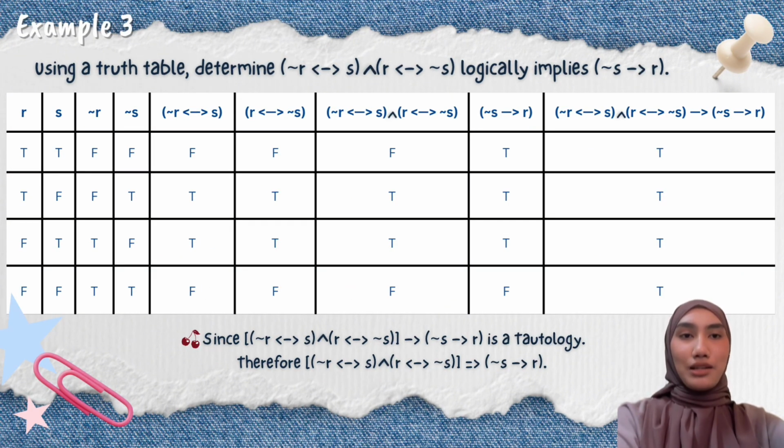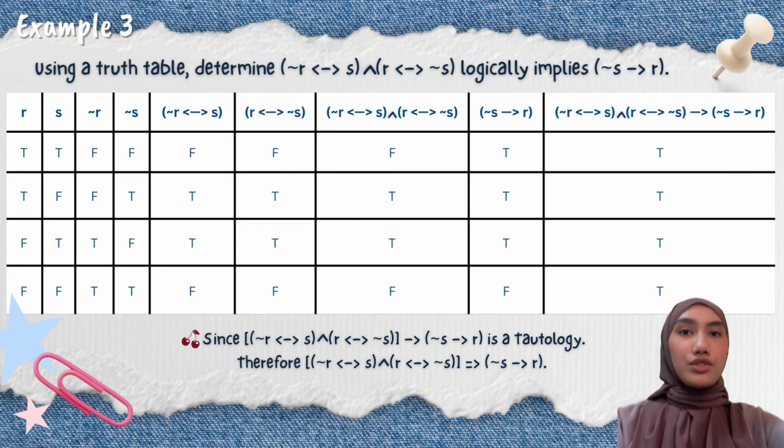Next, example 3. Using a truth table, determine whether (not R biconditional S) and (R biconditional not S) logically implies (not S implies R). First, we construct a truth table by listing all possible truth values of the variables R and S, which are true and false.